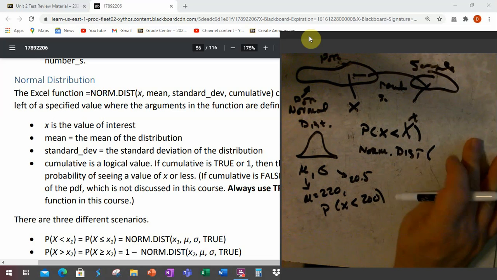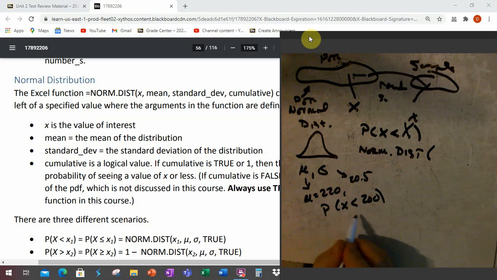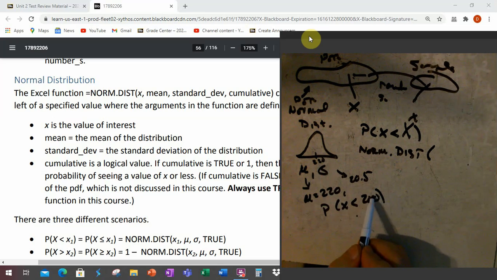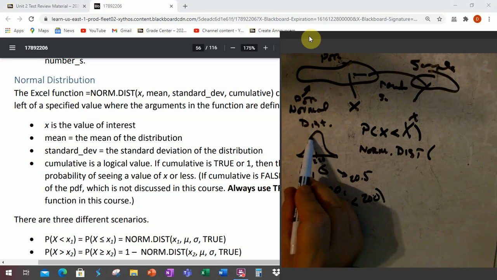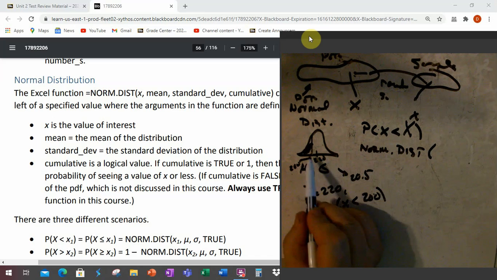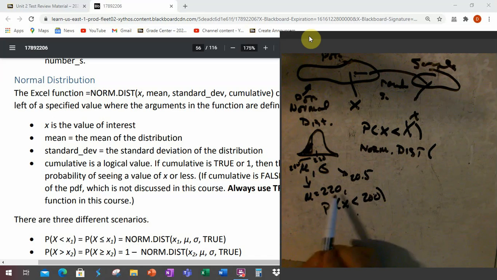Okay. So we would do this. The standard version is always to the left. So if this was 220, I kind of put this into perspective. Okay, so that's less than 220. That would be the probability there. Okay, so this thing would be 200. Left, less than, left.